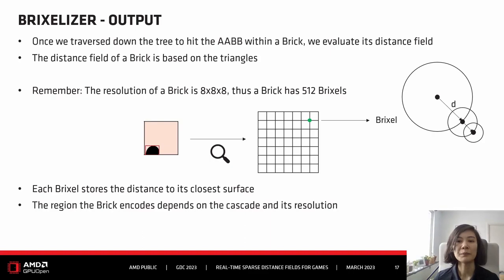And just to remind you, a brick is of resolution 8 by 8 by 8, thus it has 512 pixels. And the pixel is a single unit within the distance field, and each pixel stores the distance to its closest surface. The region the brick actually encodes, so the region in our scene, depends on the cascade and its resolution. Cascade?